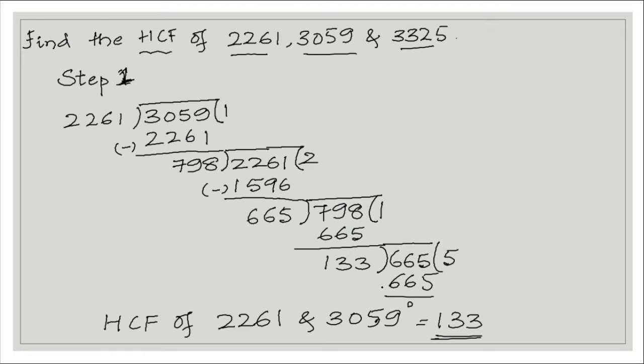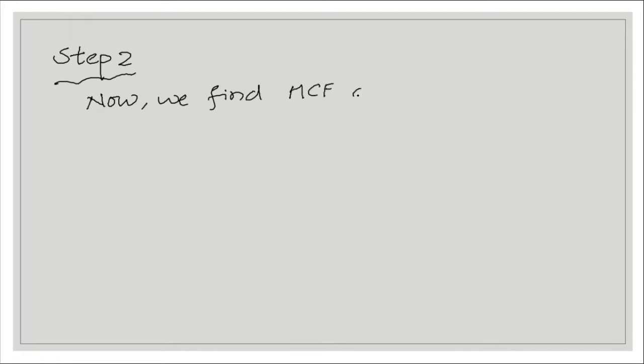Now we need to find out the highest common factor of 133 and the next number. That I will take as step 2. So step 2 is, find the highest common factor of 133 and the other number 3325. So 133 is the smaller number.